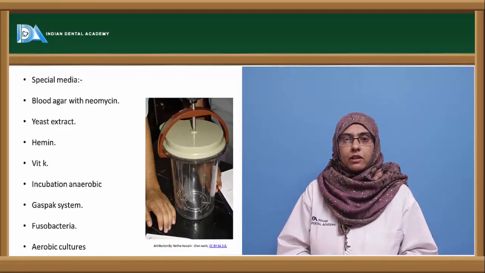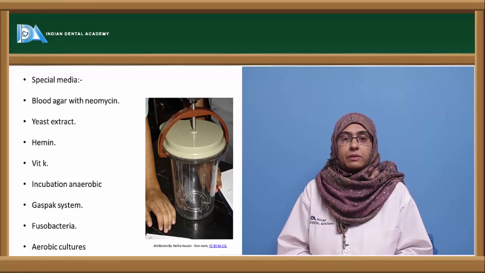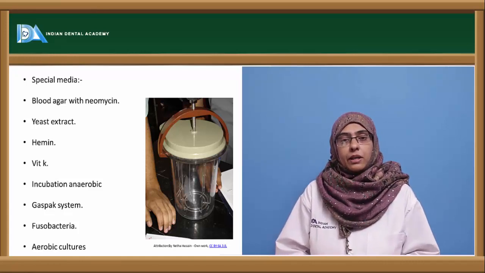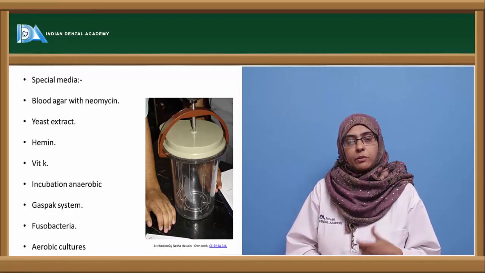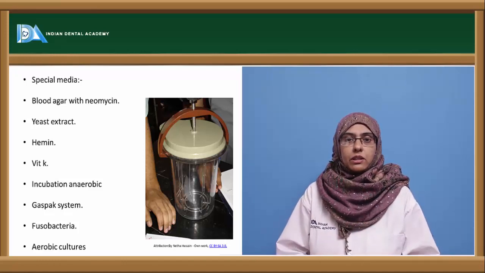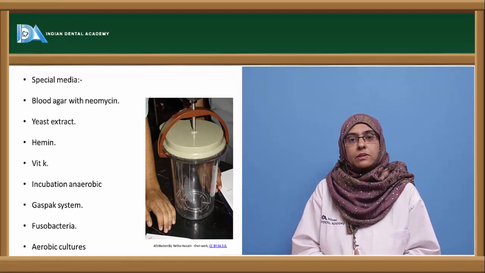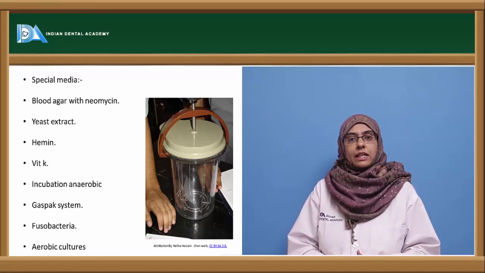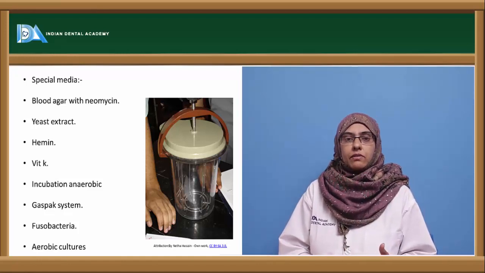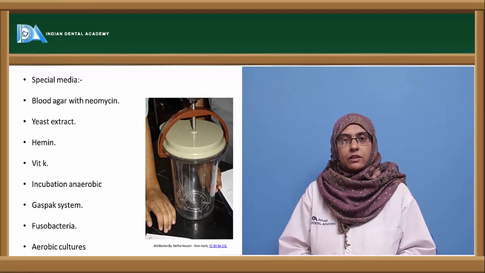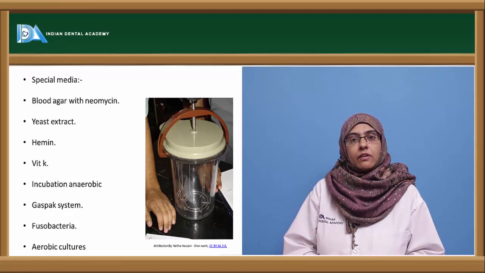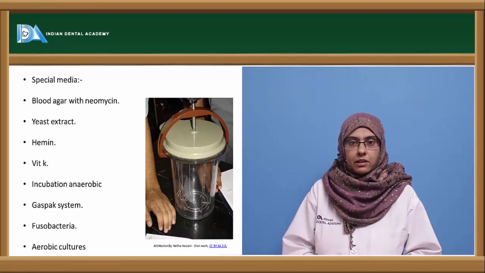And for inoculating the organism, we have special media which have to be incubated under anaerobic conditions. So we have blood agar incorporated with neomycin to inhibit the growth of gram-positive organisms, and the media should contain yeast extract, hemin, and vitamin K, and the incubation should be done anaerobically at 37 degrees centigrade with 10% carbon dioxide.